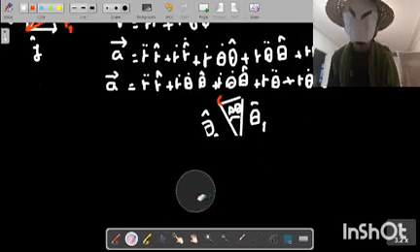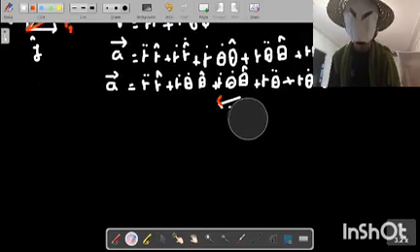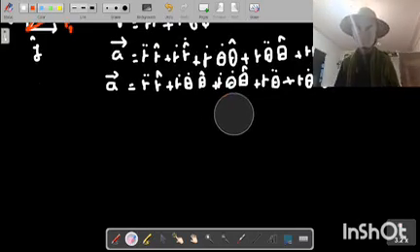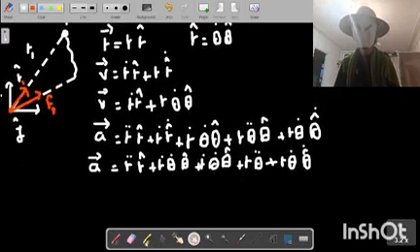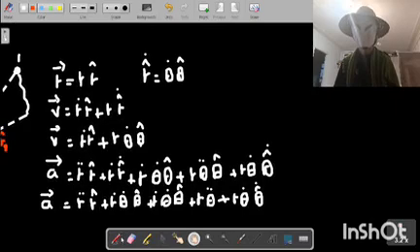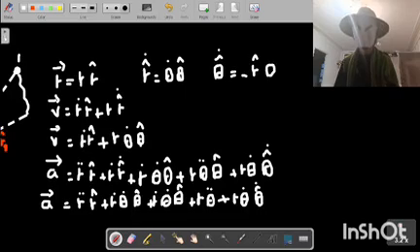Gotta be careful not to break anything. Let's write it right here. Theta hat dot is equal to negative r hat theta dot.